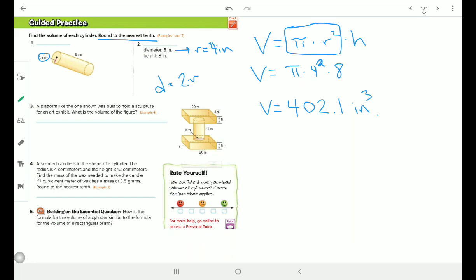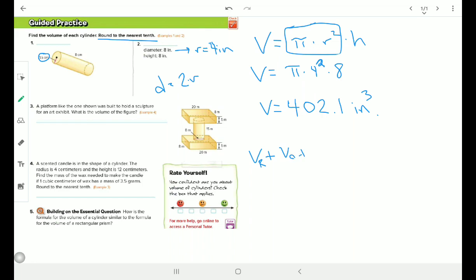On question 3, I'm not going to go over that one. I want you to work through it. Now, if I get a lot of questions on it, I'll do a separate video to help you out, but I will guide you. All right? This is a large shape. To figure out the volume of the whole figure, what you have to do is find the volume of each part and add it together. So we have to find the volume of the rectangular prism on top, plus the volume of the cylinder, plus the volume of the rectangular prism.